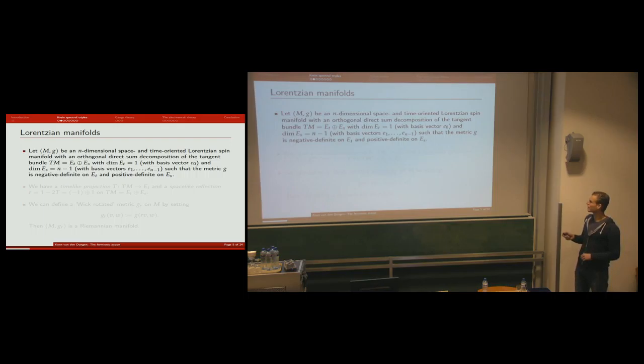And I suppose I have a given decomposition of the tangent bundle into a time-like subbundle, ET, and a space-like subbundle, ES. So the metric is negative definite on the time-like part and positive definite on the space-like part. Such a decomposition always exists, but there's a choice, of course. There are many such decompositions.